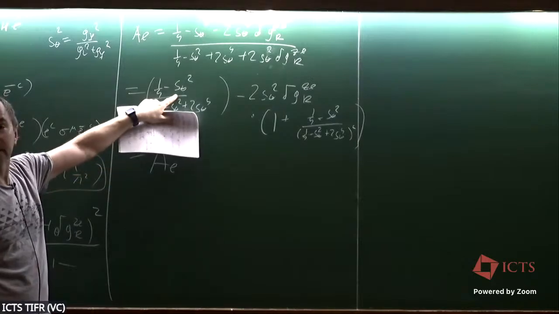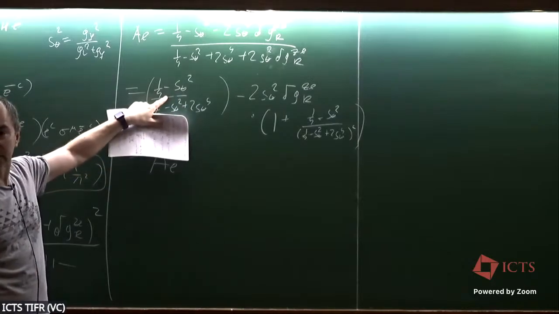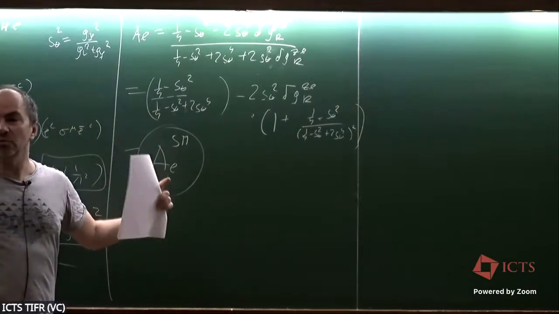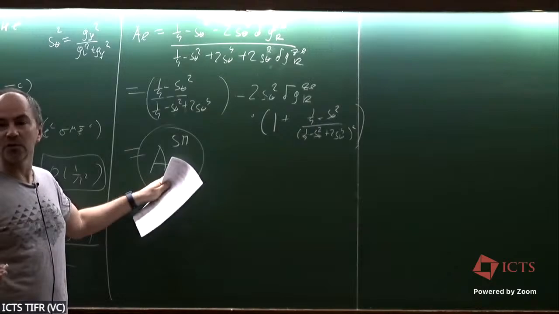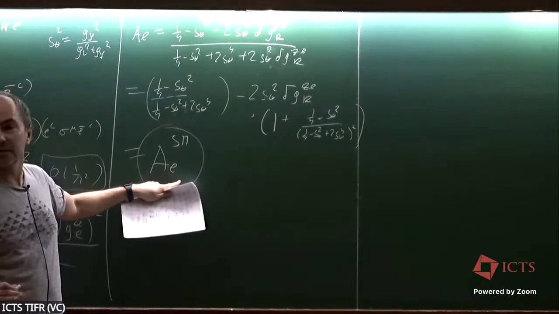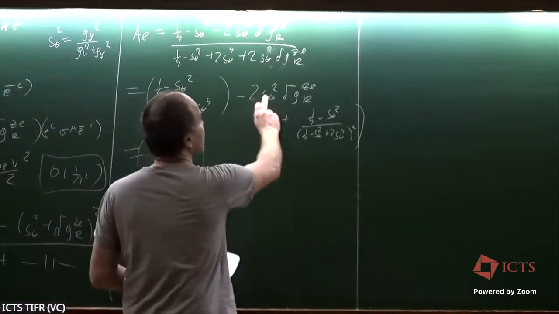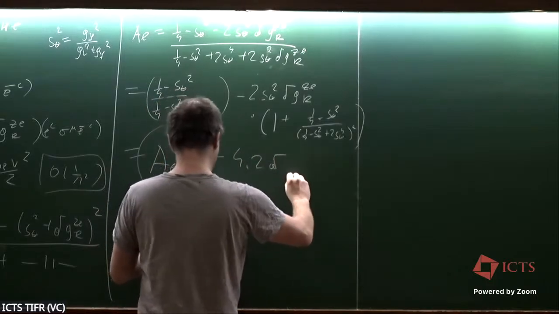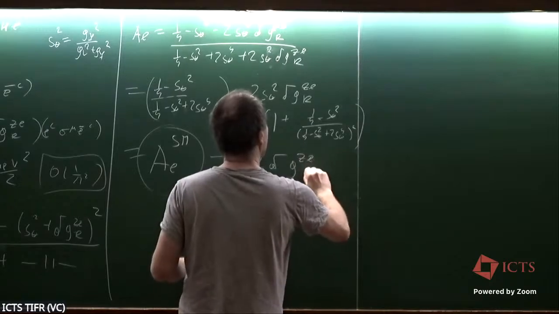You have to take the number with all the standard model corrections. Somebody else calculated it for me. It is known, or there are programs where you can calculate it. So I just take it, evaluate this, and I get something like minus 4.2 delta g ZER.